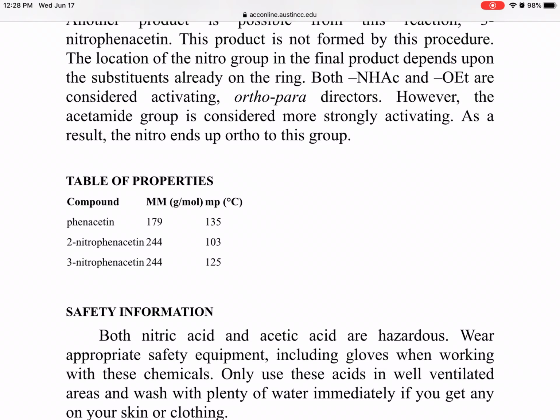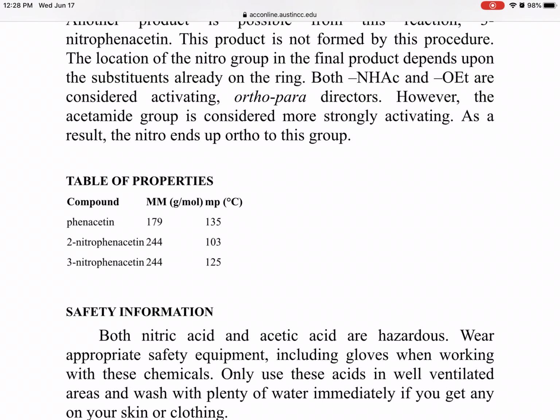They both have the same molar masses because they have a similar molecular formula; only the position of the nitro group is changed. But there is a difference in melting points. Phenacetin is 135. For 2- and 3-nitrophenacetin, you have the nitro group at the second and the third position. So 2-nitrophenacetin has a lower melting point, 103, compared to 3-nitrophenacetin, 125.